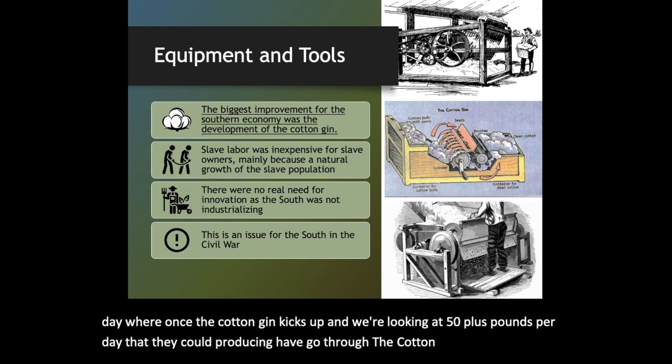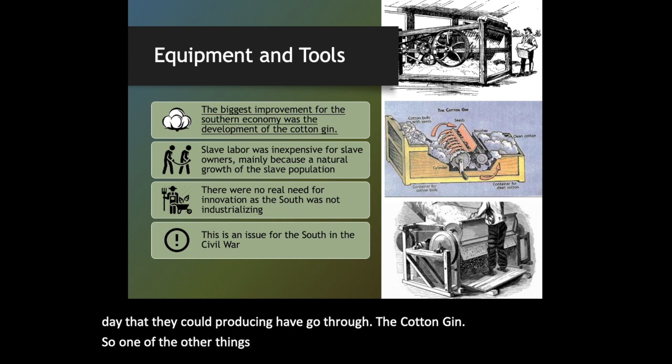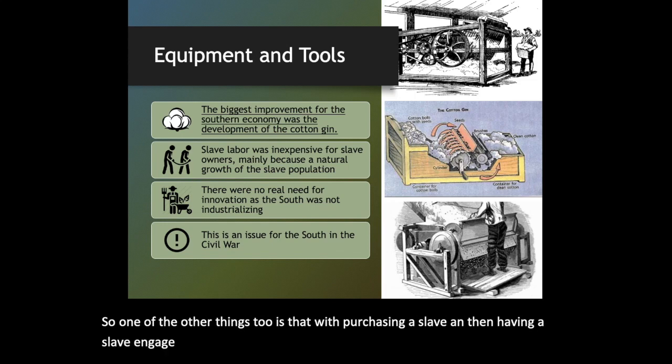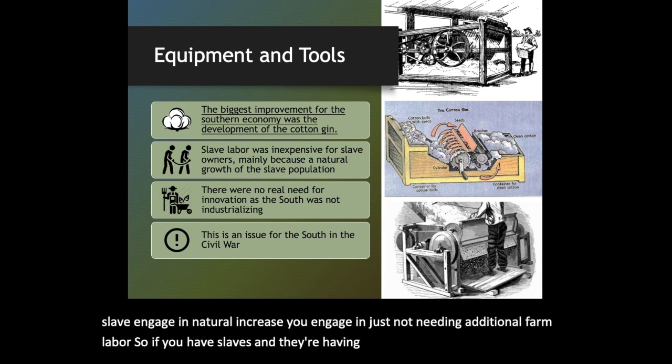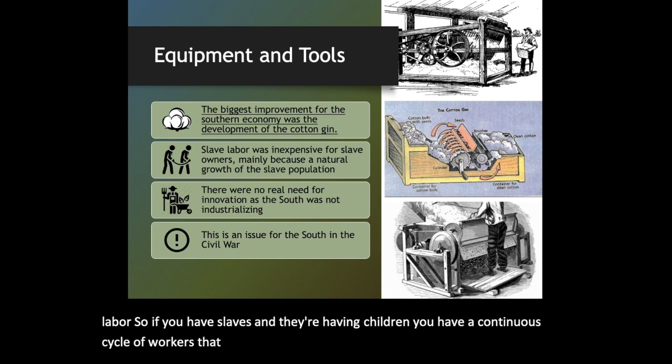One of the other things is that with purchasing a slave and then having slaves engage in natural increase, you don't need additional farm labor. If you have slaves and they are having children, you have a continuous cycle of workers that you can exploit and not have to pay.